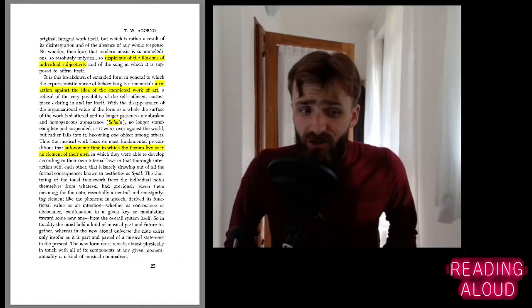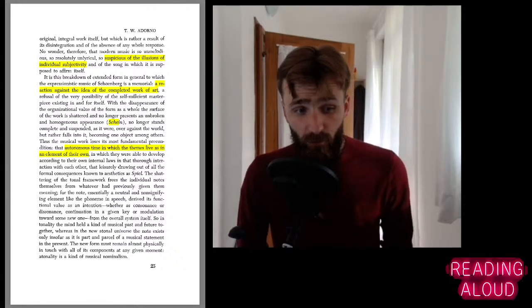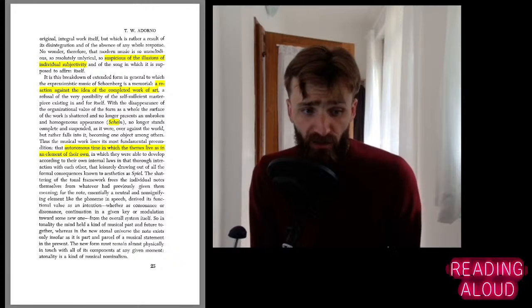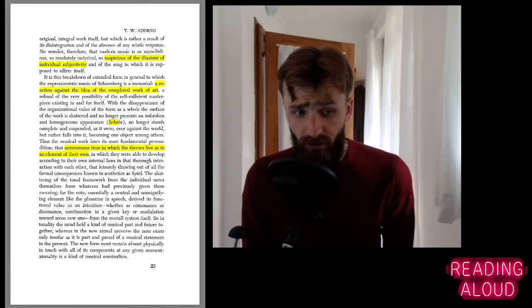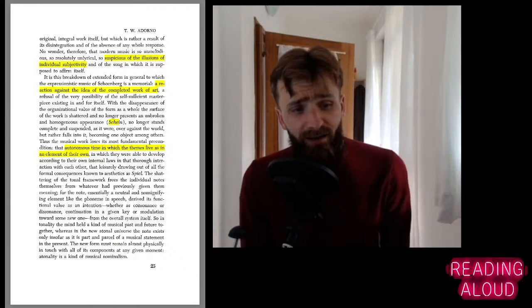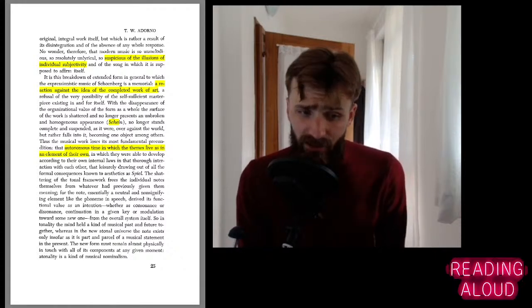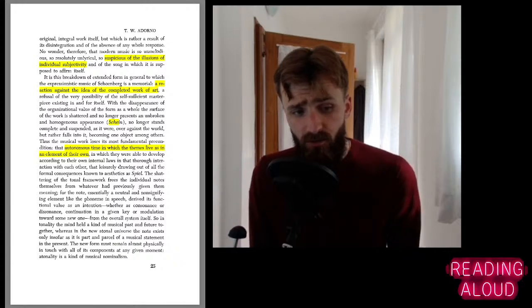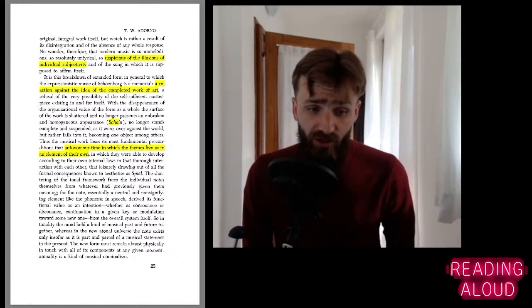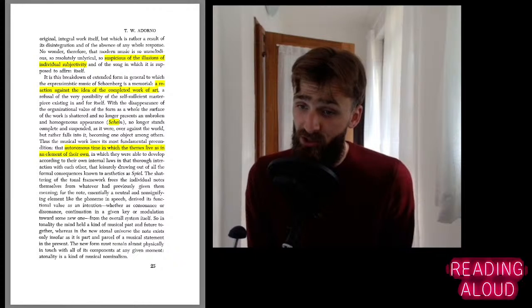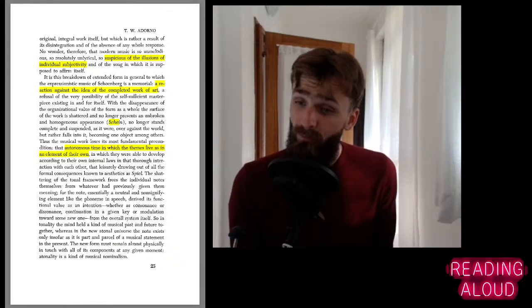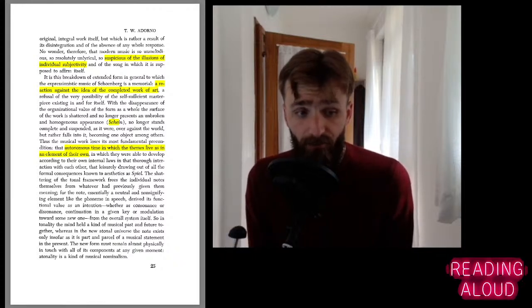The shattering of the tonal framework frees the individual notes themselves from what had previously given them meaning. For the note, essentially a neutral and non-signifying element like the phoneme in speech, derived its functional value as an intention, whether as consonance or dissonance, continuation in a given key or modulation towards some new one, from the overall system itself.